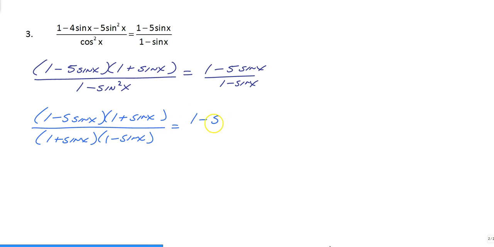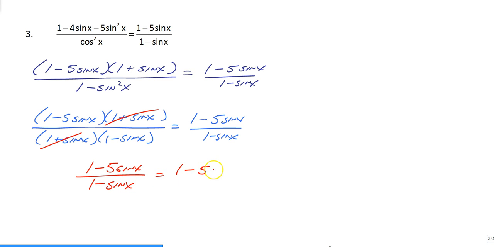And that, of course, is equal to 1 minus 5 sine x over 1 minus sine x. And you see the last step. Those guys just cancel. So you're good to go. 1 minus 5 sine x over 1 minus sine x.